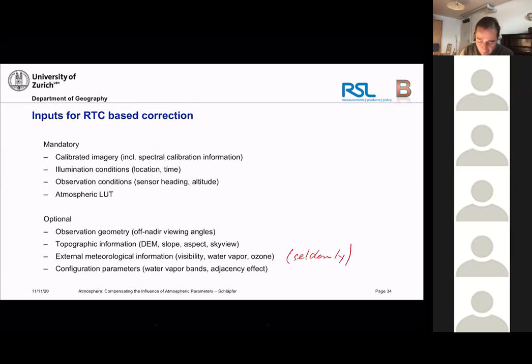And then, of course, there are a lot of configurations and options in the code. If you try to process 20 satellites or 20 different airborne instruments, each of them has different problems. That's why, if you want to cover all of these sensors with one package, you have to include lots of options, and this sometimes makes it difficult to handle for a user.